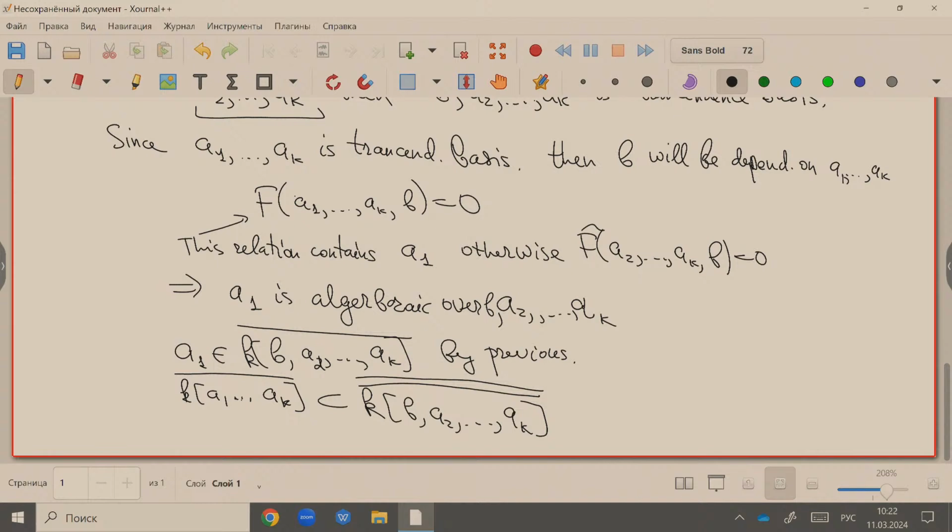So if A1 is here, then all elements that are algebraic over A1, ..., AK are algebraic over this algebraic closure. But we have noticed that this is the same as taking one algebraic closure. And already this thing is the fraction field, by assumption.